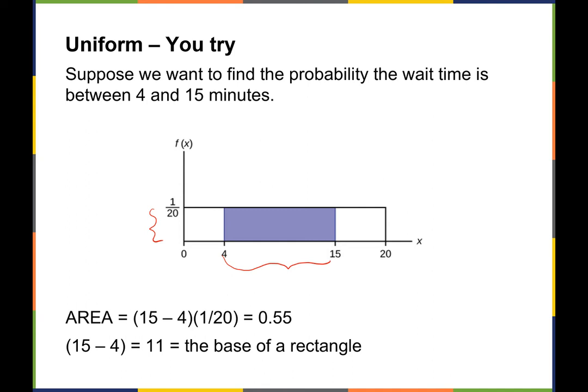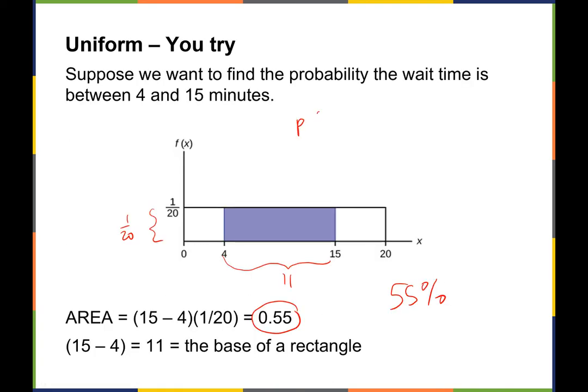And so the area is 15 minus 4 equals 11. I guess I didn't finish writing this. That's my base, my rectangle. That's 11. The height is equal to 1 over 20. 1 over 20 times 11 is equal to 0.55. So 55% chance that the wait time is going to be between 4 and 15 minutes. So if we wanted to write that mathematically, I bumped the screen, sorry.